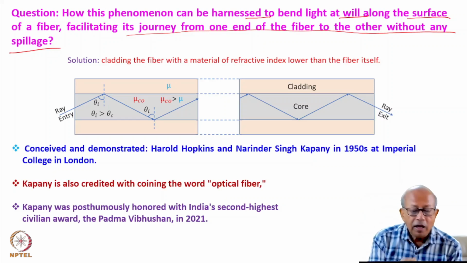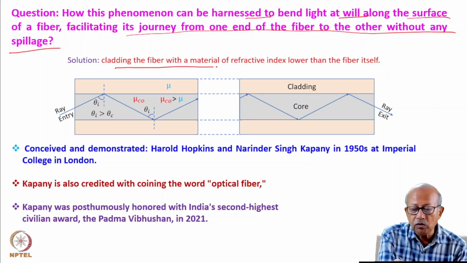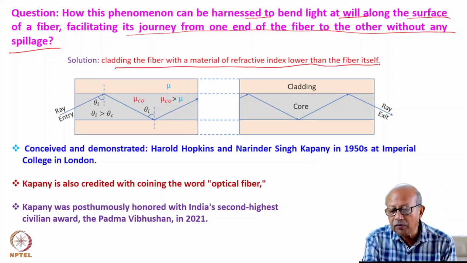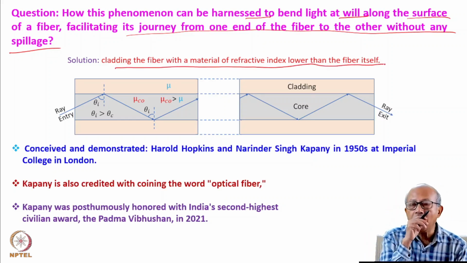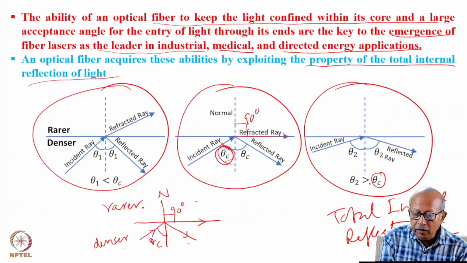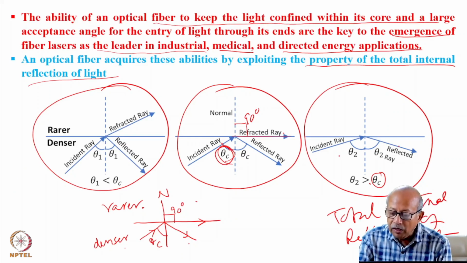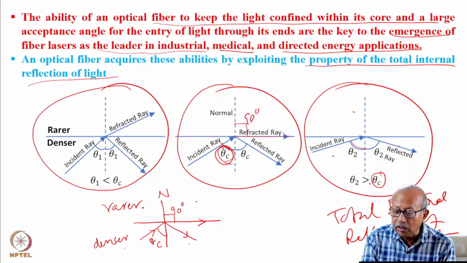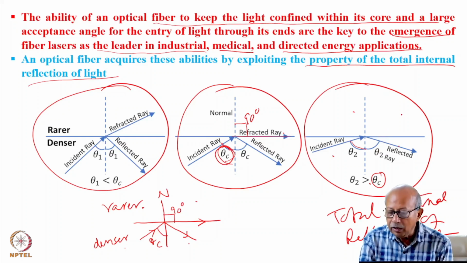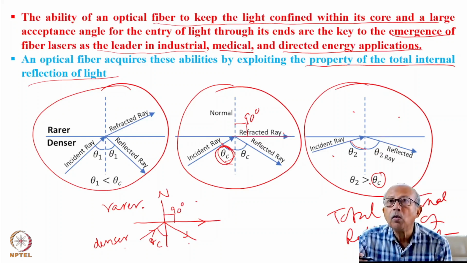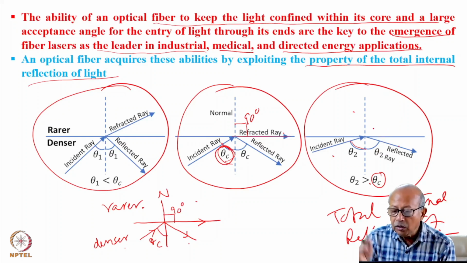The answer lies in cladding the fiber with a material of refractive index lower than that of the fiber itself. So basically, you take advantage of this. If the light travels from a denser to a rarer medium, and the angle of incidence exceeds the critical angle, there cannot be any refraction of light. So no loss of energy due to refraction.